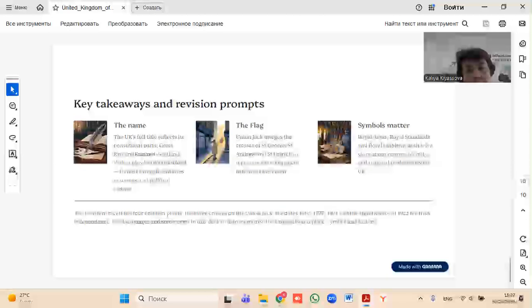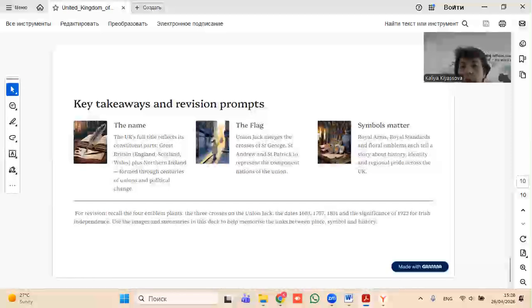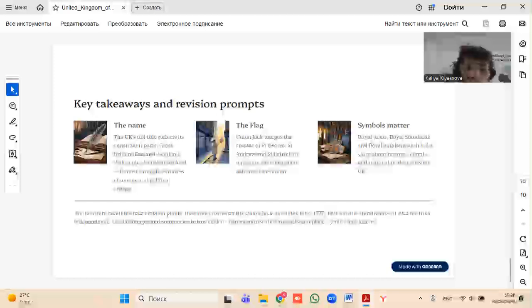The flag: the Union Jack merges the crosses of St. George, St. Andrew, and St. Patrick to represent the component nations of the Union. The last is symbols matter. Royal arms, royal standards, and floral emblems each tell a story about history, identity, and regional pride across the United Kingdom.